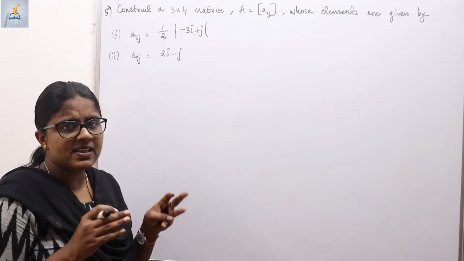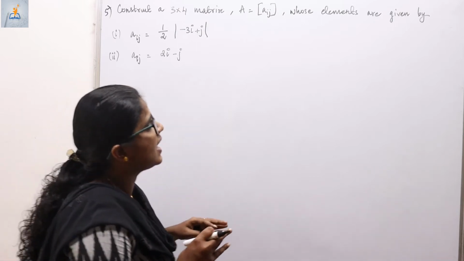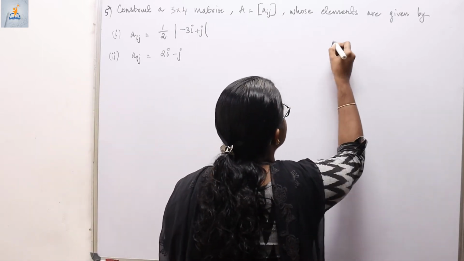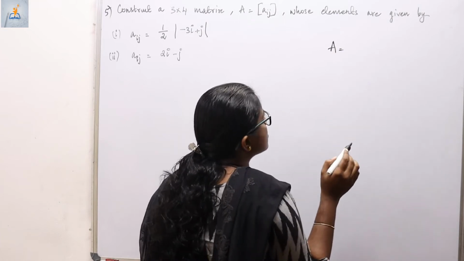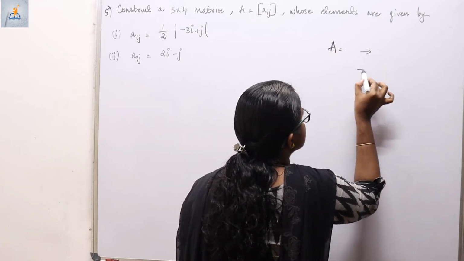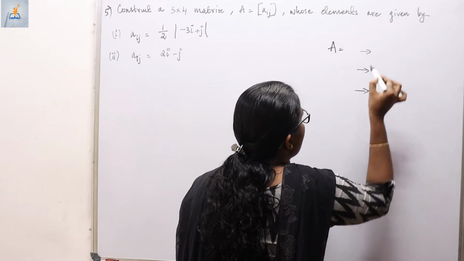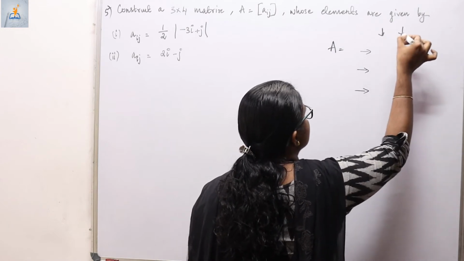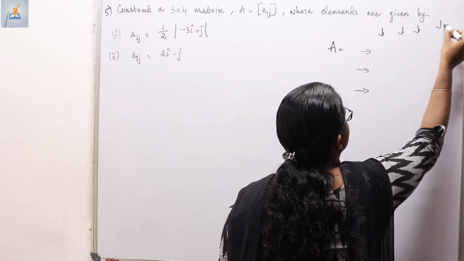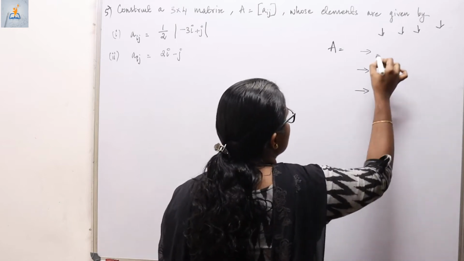So what is the general form of a 3 by 4 matrix? So a 3 by 4 matrix A is going to have 3 rows and 4 columns, right? So what is the general form?